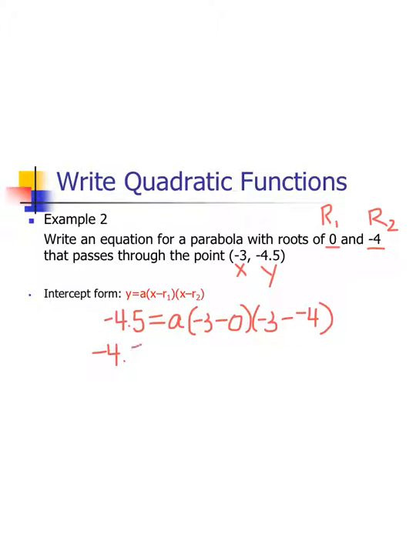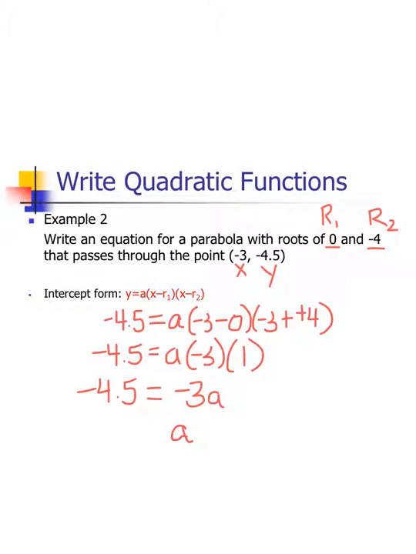We've got -4.5 equals a times -3 minus 0, which is -3, and -3 minus a -4 changes that to a +4, and that equals 1. So we've got -3 times 1, which gives us -3a, and that's equal to -4.5. Divide both sides by -3, so we get a equals 1.5.